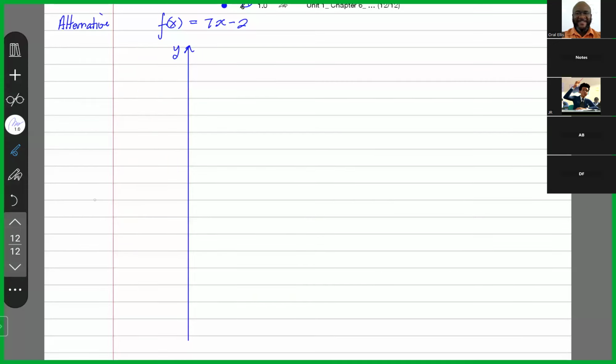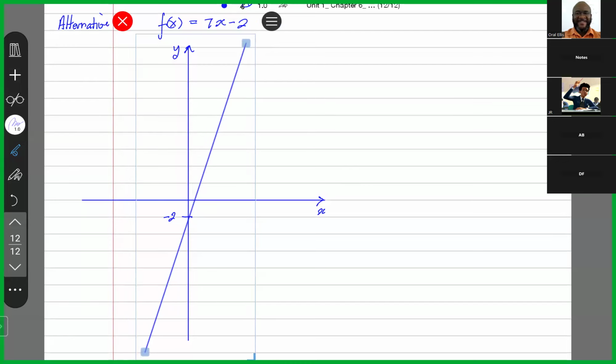Then my x-axis. This graph cuts the y-axis at minus 2. Minus 2 is the y-intercept. It has a positive gradient. It's a very high gradient. Gradient is 7 and it is positive. So my graph could look something like this.